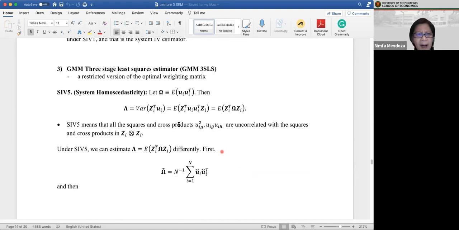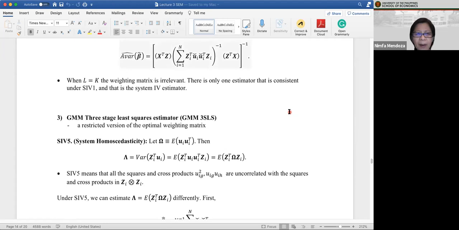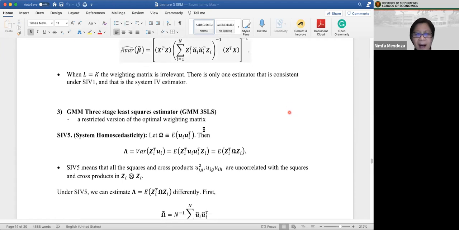Okay. So I've been thinking, in practice, how would you test if system homoscedasticity is satisfied? Usually, well, this is a bit different from homoscedasticity when you have a single equation.